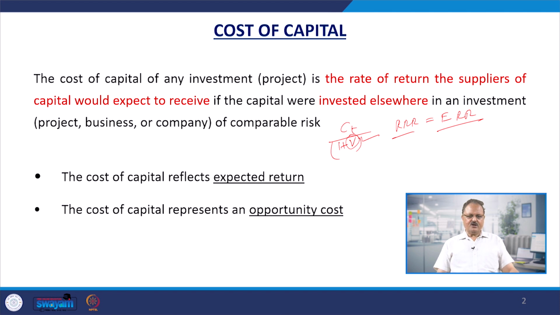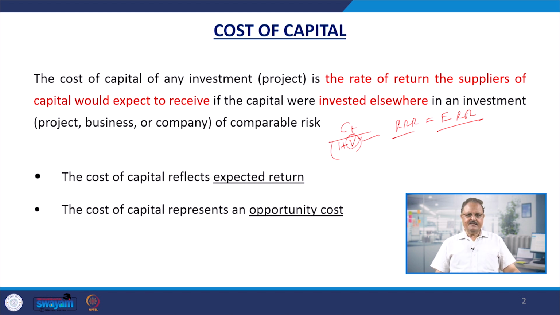It is the rate of return which you expect as an investor from an investment option comparable to the other investment option. If you want to invest in project X, what is the rate of return available from project X? That has to be compared with what return project Y would have given to us if the investment had been made there. That would be the cost of the capital.